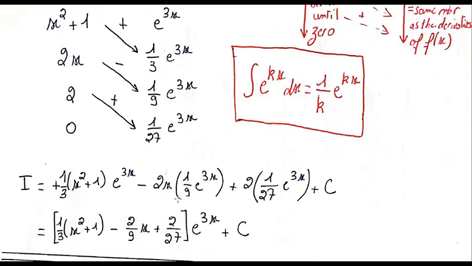And taking e^(3x) as a factor, we get that our integral is equal to (1/3 (x squared plus 1) minus 2/9 x plus 2/27) times e^(3x) plus a constant c.